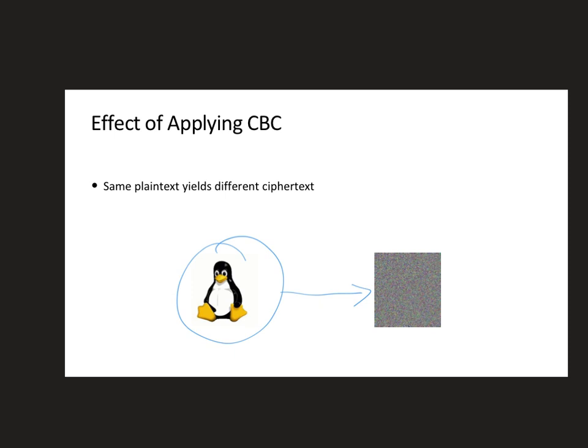In the ECB result, those same color pixels yield the same encryption result. That's why we can still see the black and white patterns on the ECB encryption result. But since the same plaintext uses different ciphertext, we cannot get the same or even similar ciphertext block under the CBC mode. So that's why we see no patterns in the encryption result under the CBC mode.